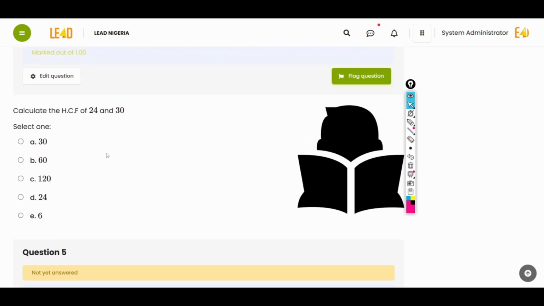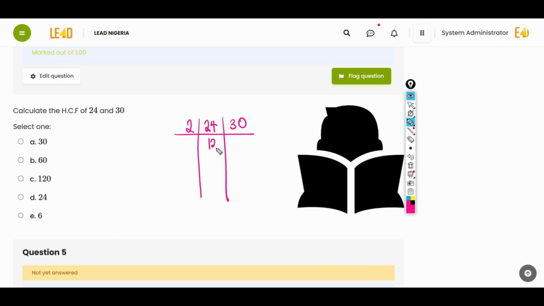Question 4 says, calculate the HCF of 24 and 30. For HCF, we only divide by what can divide both of them. I know 2 can divide both of them. They're both even numbers, so 2 can divide both of them.